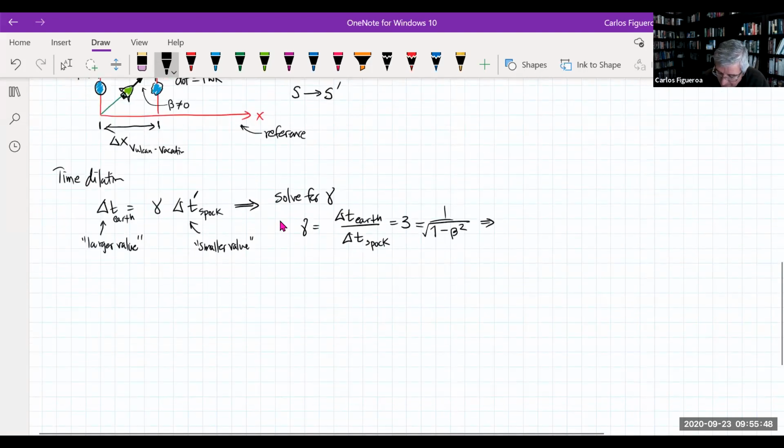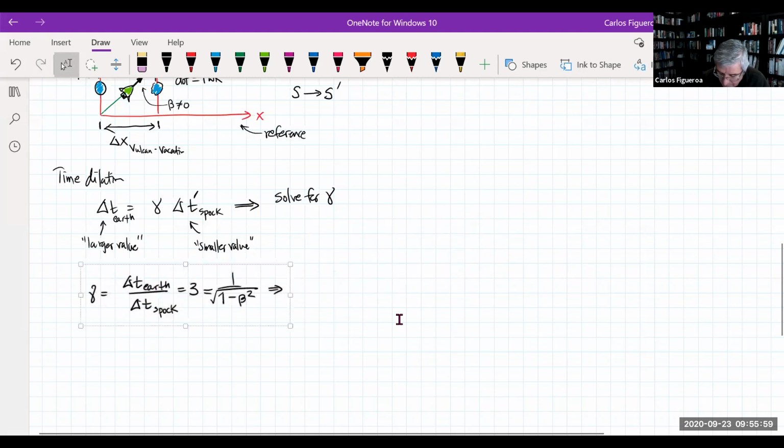I'm going to take this whole thing and move it down to here, because I want that space. And so if I solve for beta here, you'll get beta to be 0.94.